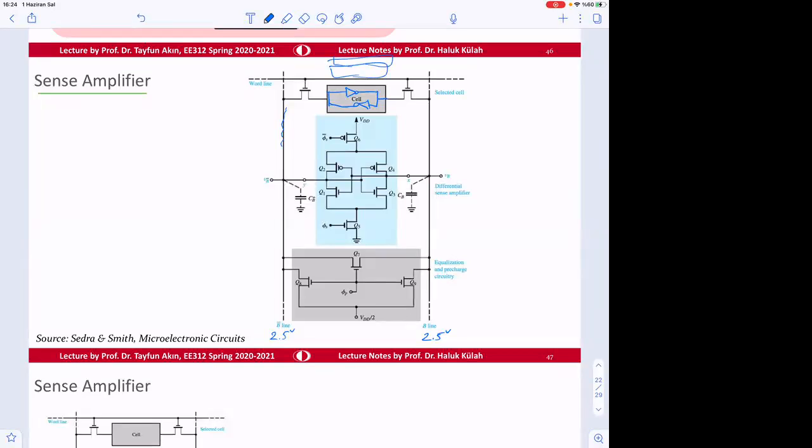Inside, minimum size transistors are used. However, we have again two back-to-back inverters here with large WR ratio transistors. If this is 2.5, this is 2.5, the two back-to-back inverters are at 2.5 volt, 2.5 volts.